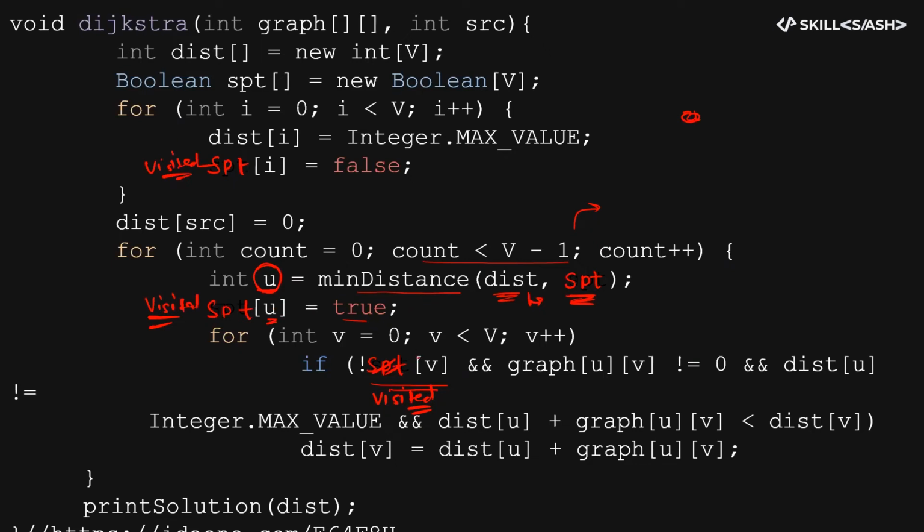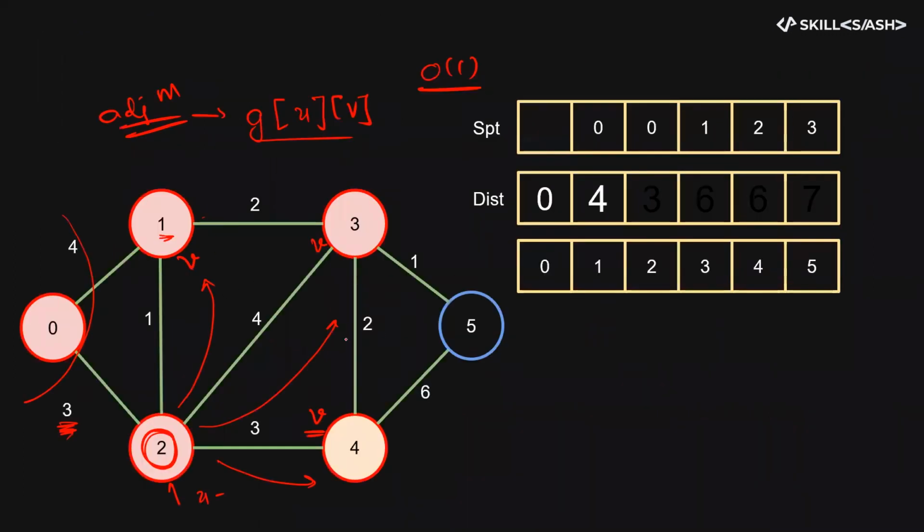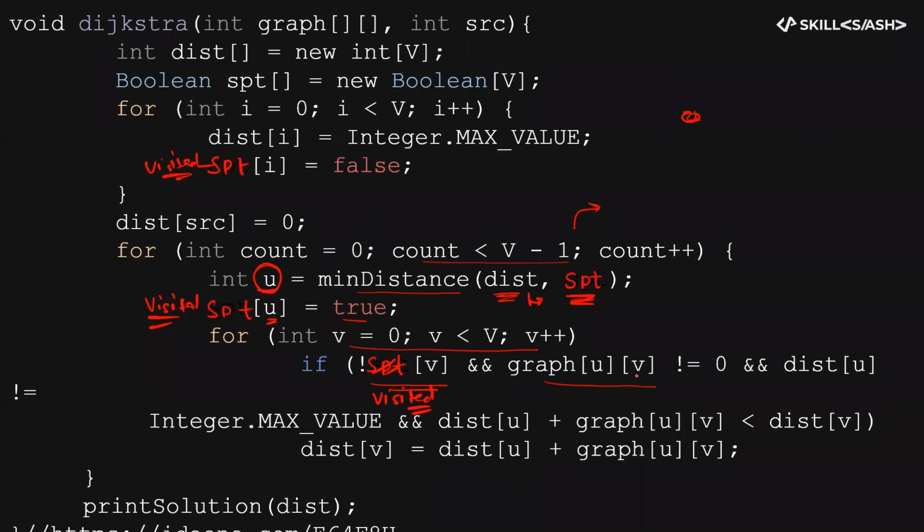And what I'll do, for all the children, all the nodes which have a link in the graph from U to V, that means from U to V there is an edge. For all the nodes, I'll find out if there is an edge, then I'll find the distance. And how?